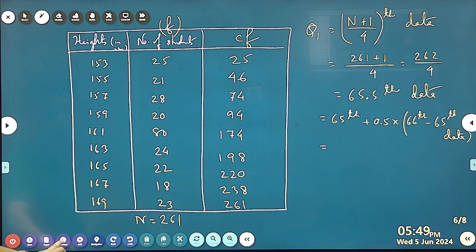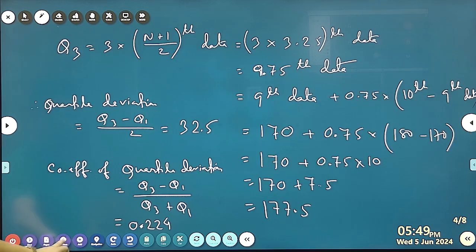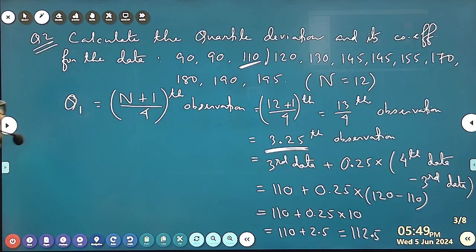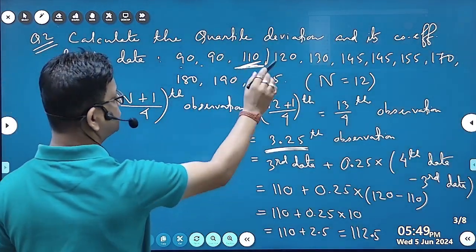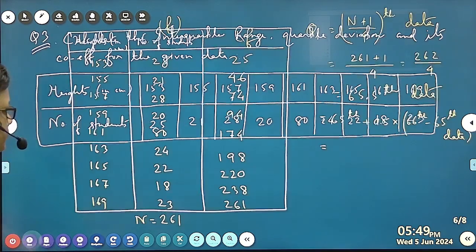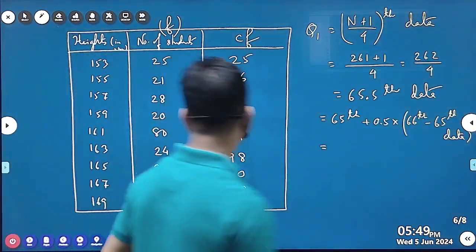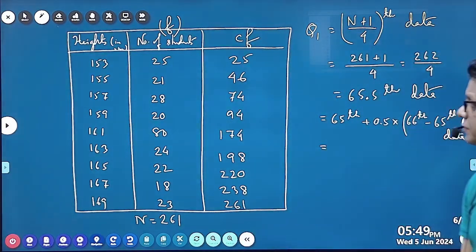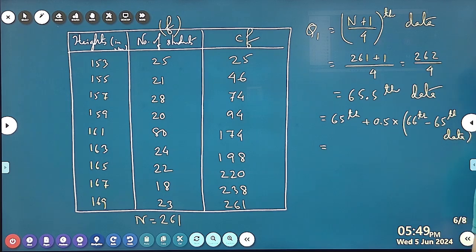Now, in the last question, when it was the third data, first, second, third, very much clear. But now, 65th data, any idea which one? And then you'll understand what for this CF is found. Which data will come in 65th place?